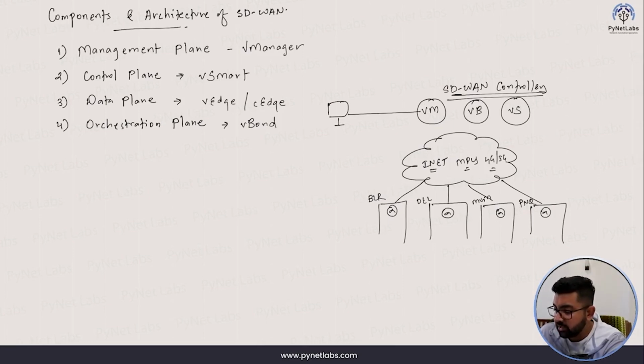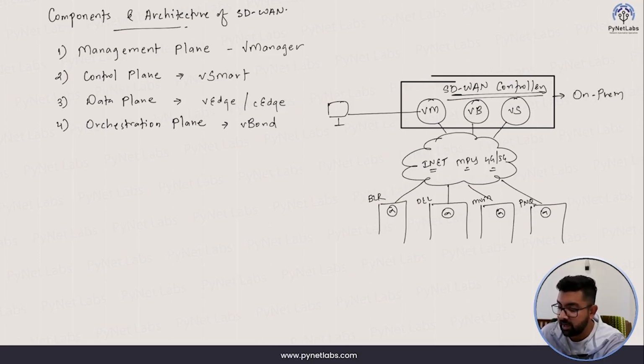The vManager, vBond, and vSmart can all be hosted together. They can be deployed on-prem, which means on premises, they can be deployed on cloud, and they can also be deployed in a multi-tenancy environment. However, discussing multi-tenancy is not a part of our course, but it is supported on Cisco's SD-WAN fabric.